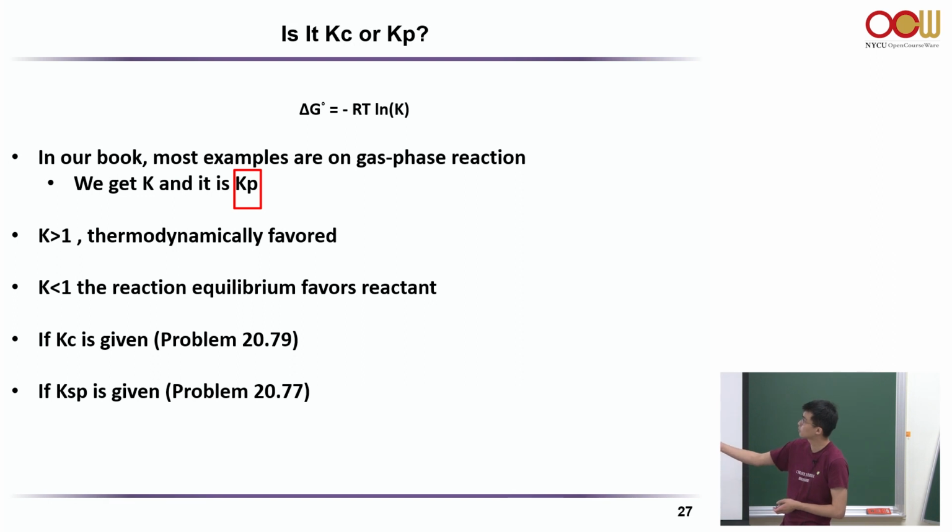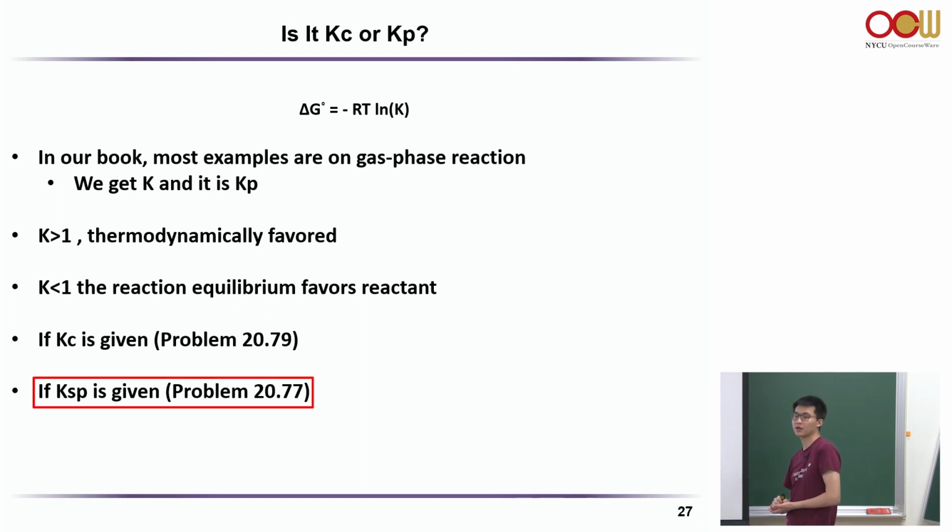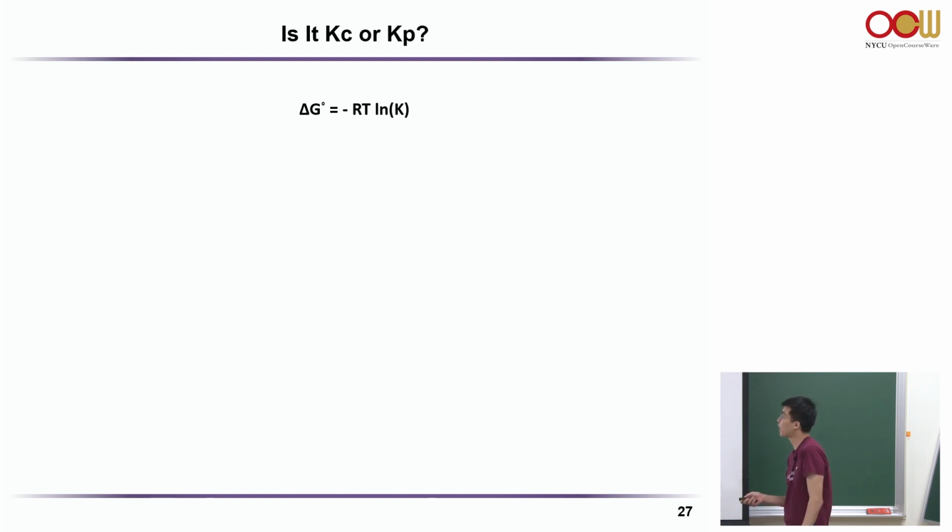So in our book, it is Kp. But in the end, it really doesn't matter what K is. In fact, if Ksp is given, you can still calculate its delta G. If Kc is given, you can still calculate the relationship between delta G and your equilibrium constant.